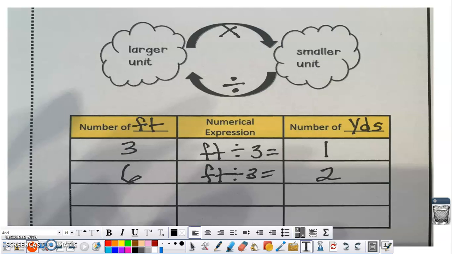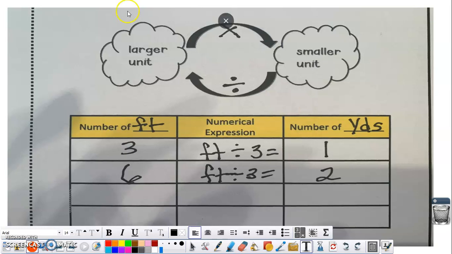Remember a couple of units back, we were working on input-output tables. And I told you that it was going to be really important in the coming units, because that was going to be the best way for us to do our conversions when we got to our measurement units. So this is how it goes.